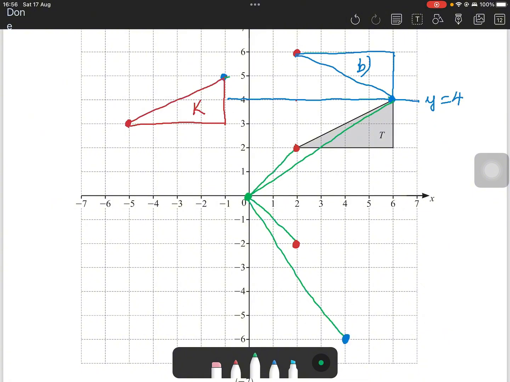And finally, let's join this point and this. So we also rotate it 90 degrees clockwise. Then the image is here. So this is the green point. And then we will join these points together. So the answer is this. This is the answer for question C.